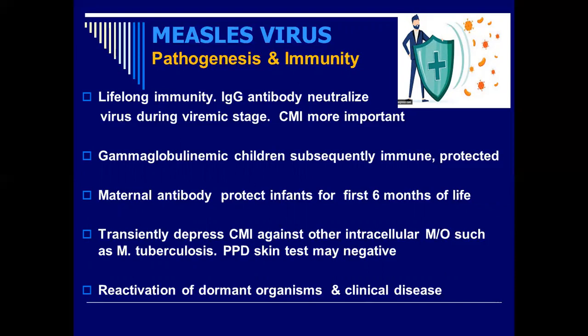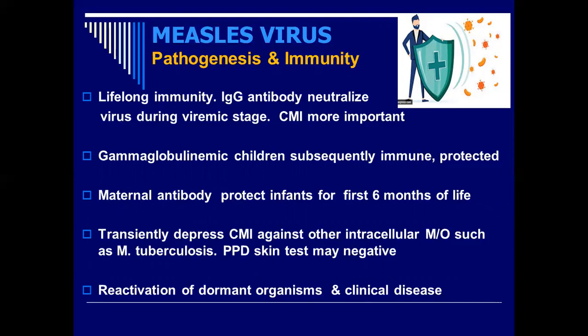Children who received gamma globulin, which is rich in antibodies, become immune and are protected against this infection. They will not get the infection again. The maternal antibodies can cross the placental barrier and protect the fetus or the infants. And the baby is almost protected for the first 6 months of life for this disease.